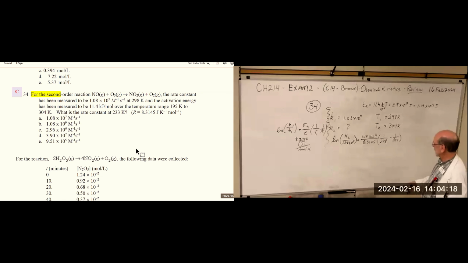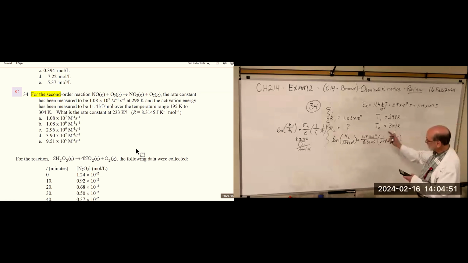Right? So let's calculate this number in here since there are no unknowns, no variables, in this one. 1.14 exponent to the 4th divided by 8.3145. And then let's take the reciprocal of 298, and then the reciprocal of 304, and subtract this reciprocal from that reciprocal.